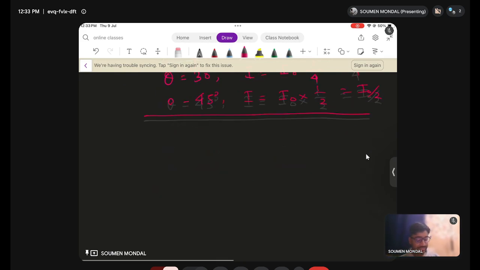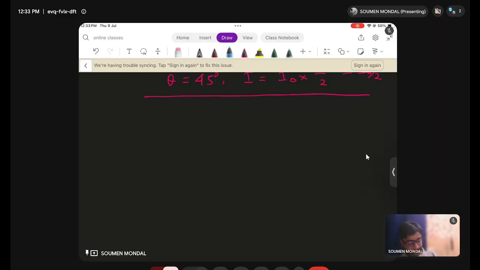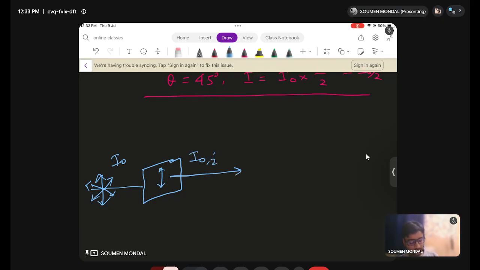Basically, they can ask: initially we have an unpolarized light of intensity I naught, which passes through a polarizer that can be oriented in any direction, but we know the intensity coming out of it will be I naught by 2.